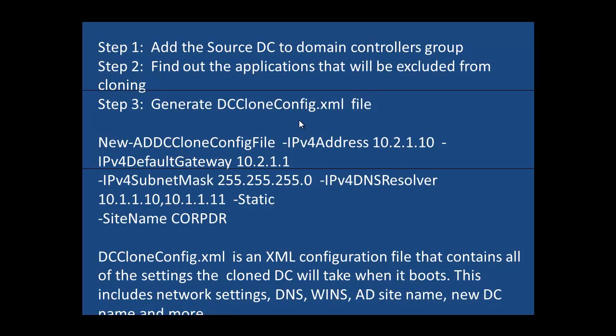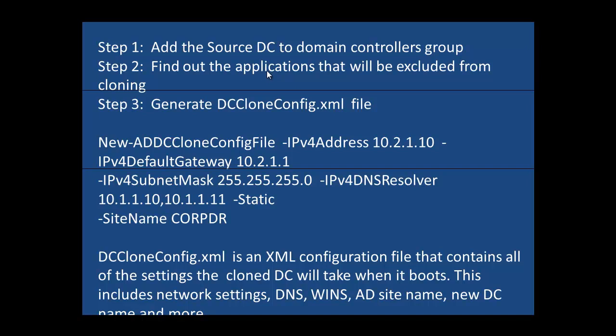The first step that we want to take in cloning is adding the source DC to the Cloneable Domain Controllers group. After we have done that, we need to run a PowerShell command that will allow us to find out the applications that will be excluded from cloning.